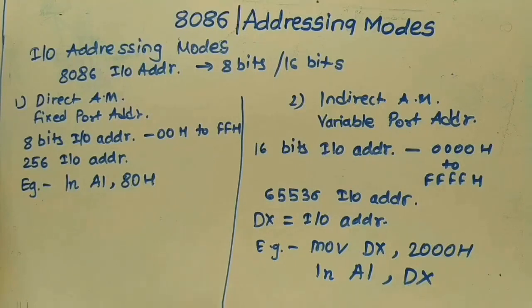First of all we store the address of the IO port into the DX register, and then the AL will get the data from the IO port address specified by DX.